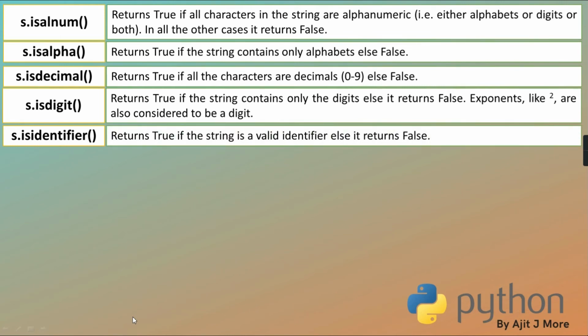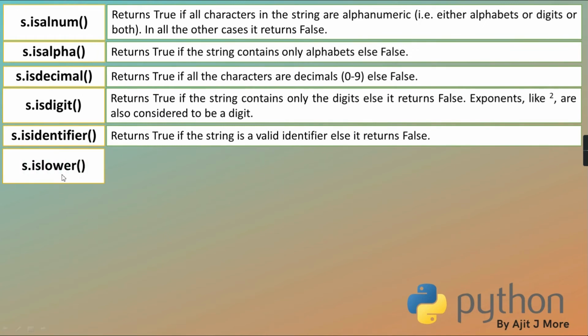It returns true if the string is a valid identifier, else it returns false. And identifier means a combination of letters, digits and underscore, and it cannot start with a digit. So that rule it should follow.